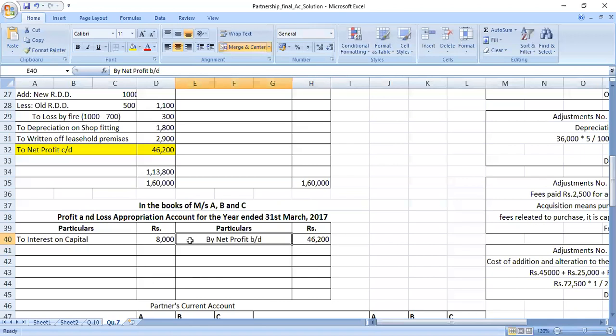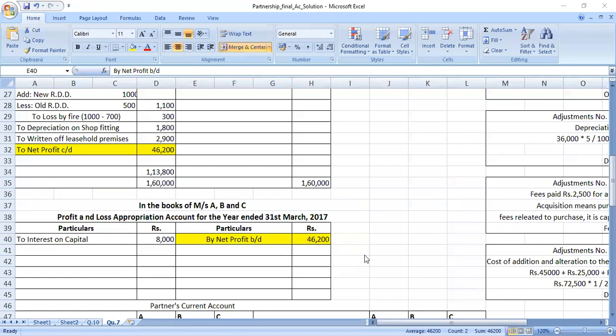See friends, where we will transfer, it is the profit and loss appropriation account. Varjuta, Suhas, Abhishek also got the net profit.